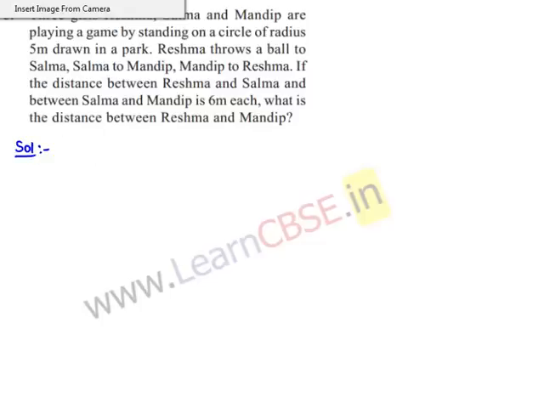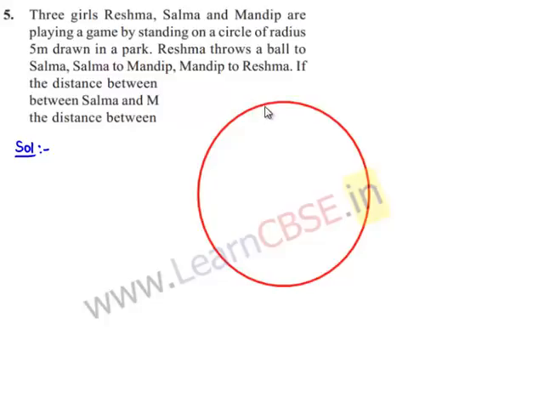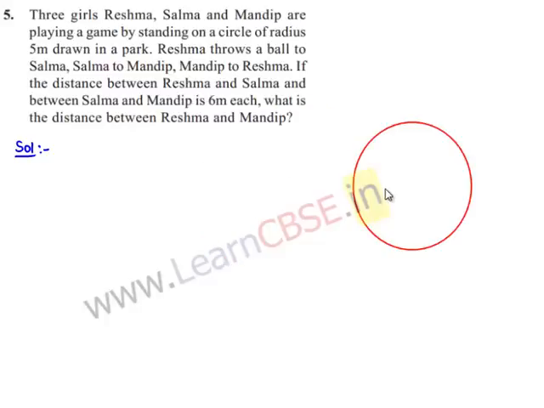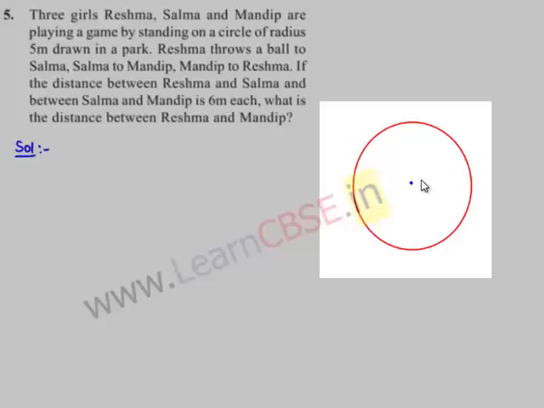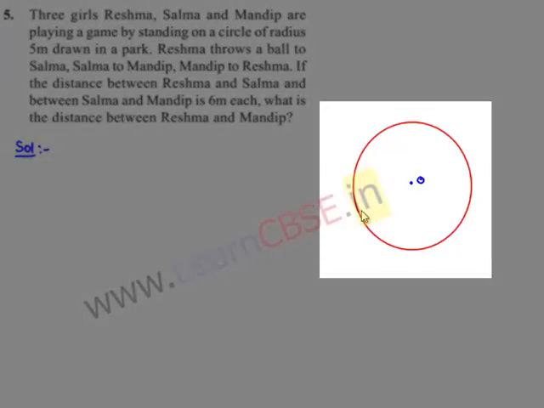Let us consider a circular park as shown in the figure. Let its center be at O, and let Reshma be represented as R on the circle of the park, Salma be represented by S on the circular park, and Mandeep be represented as M on the circular park.